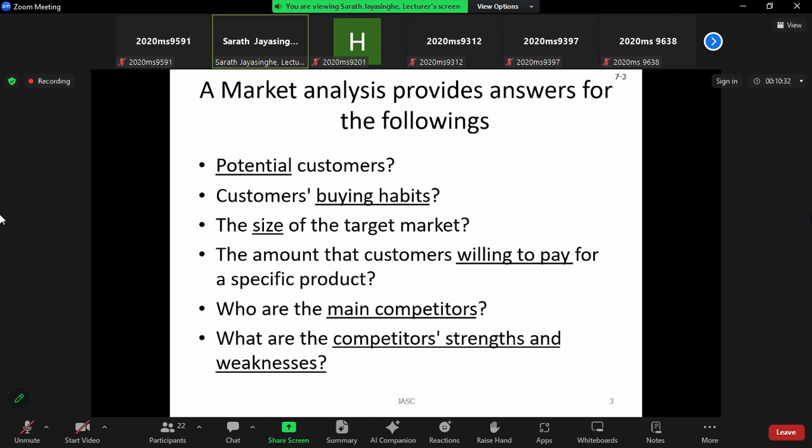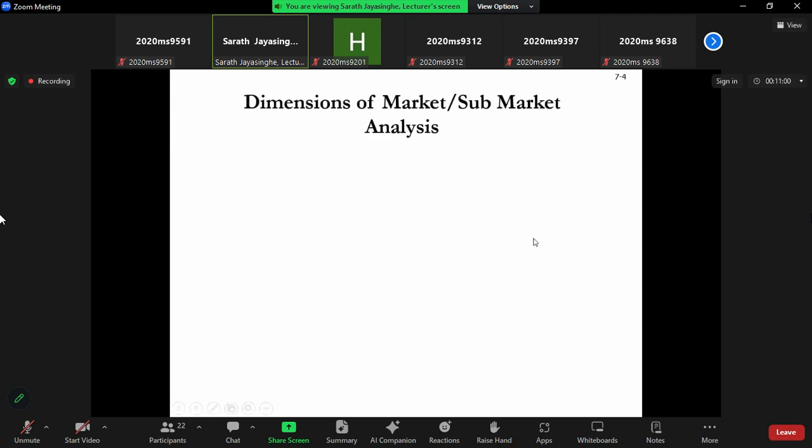So we have to assess the customers' consumer profile. We have to think about how much they can pay, their affluence, their wealth, their income, their structure, I mean the demographic variances, and who are the main competitors, that is also relevant because we are competing with them. What are the competitors' strengths and weaknesses? These are the things we are trying to understand under this market analysis.